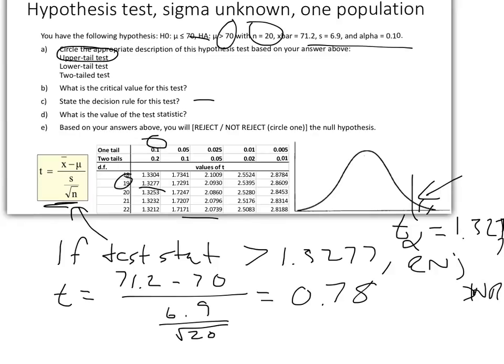That is less than 1.3277, so 0.78 is somewhere in here. Meaning that what? That we will not reject the null. Right? We do not have evidence to say that our mu is greater than 70, because our result did not fall into the rejection area.